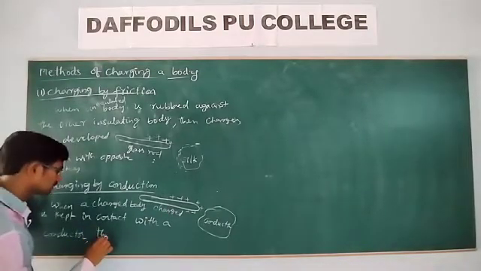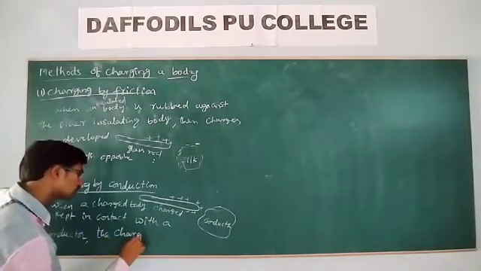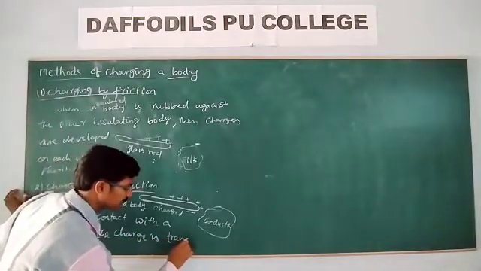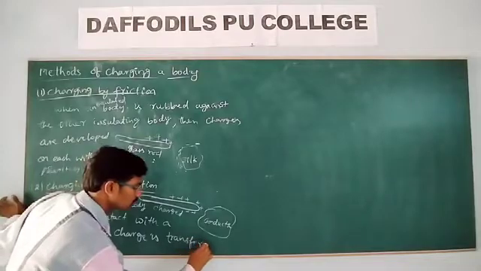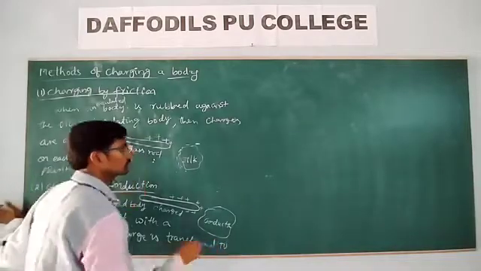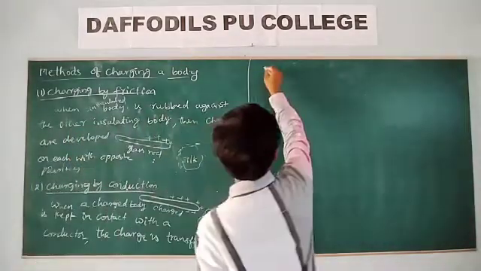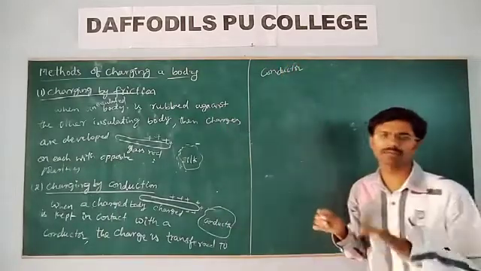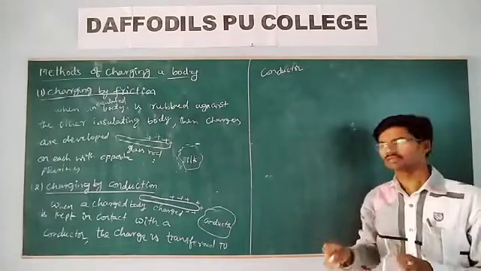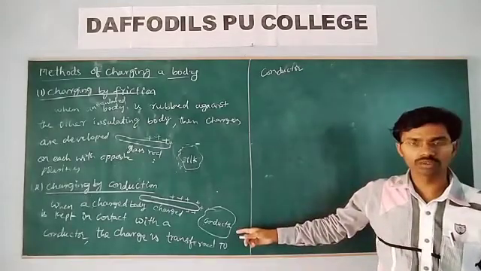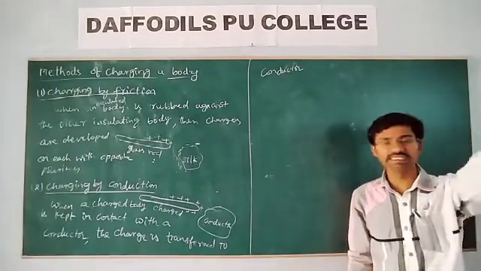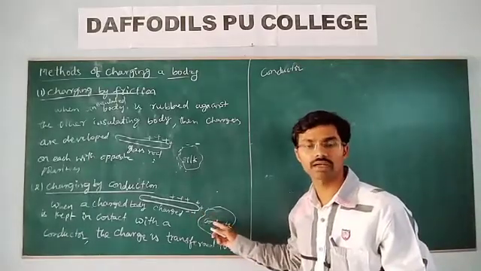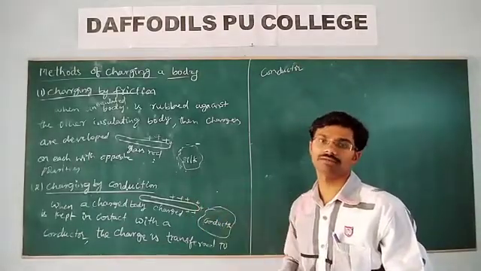The charge is transferred to the conductor. That means the same number of the same kind of charges are transferred to the conductor also. So in this process, the charges which are transferred to the conductor have the same kind of charge.